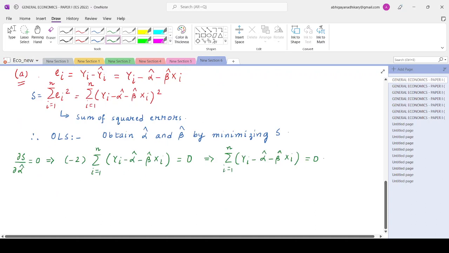Now, if you just rearrange this a little bit, then we can write it in this way, keeping the summation yi on the left and taking the others to the right. So summation alpha hat minus beta hat summation xi.